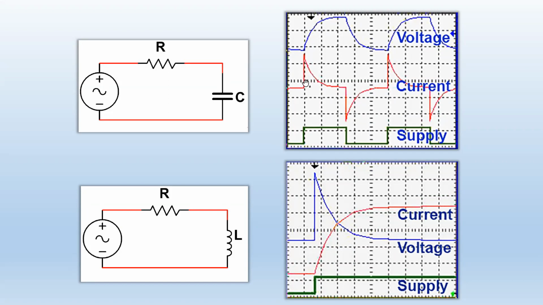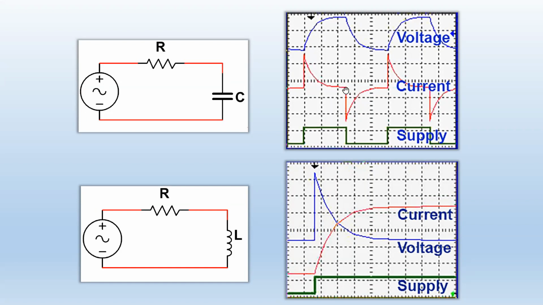It will start conducting. Why is it conducting? It's because if it's discharged, it is going to start charging. So it's going to give us the maximum available current that's possible in this circuit, considering the resistor being in the circuit, and it's going to start charging. As it charges, the current is going to slow down because it's getting filled up, and the current is going to go less and less.